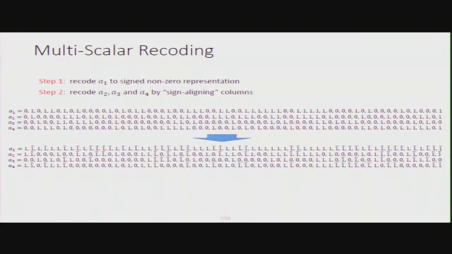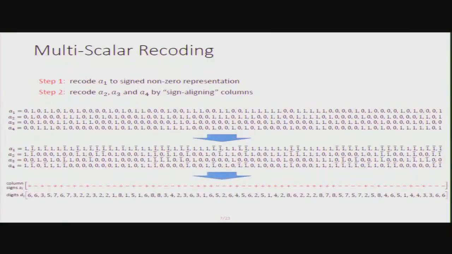So if you look at them from a column perspective, you can construct these values, digits that are from 1 to 8, accompanied by the sign in each case. And the sign is determined by the digits on the top row, that is the first mini-scalar.